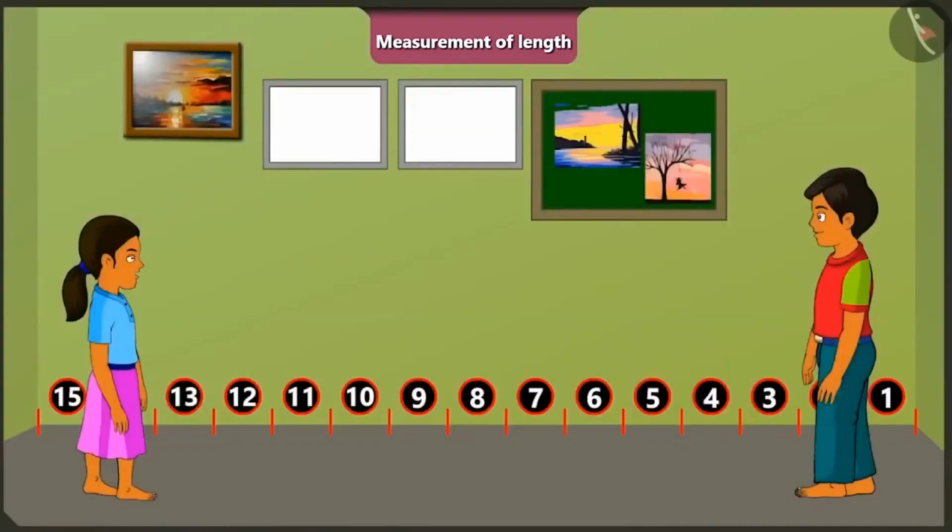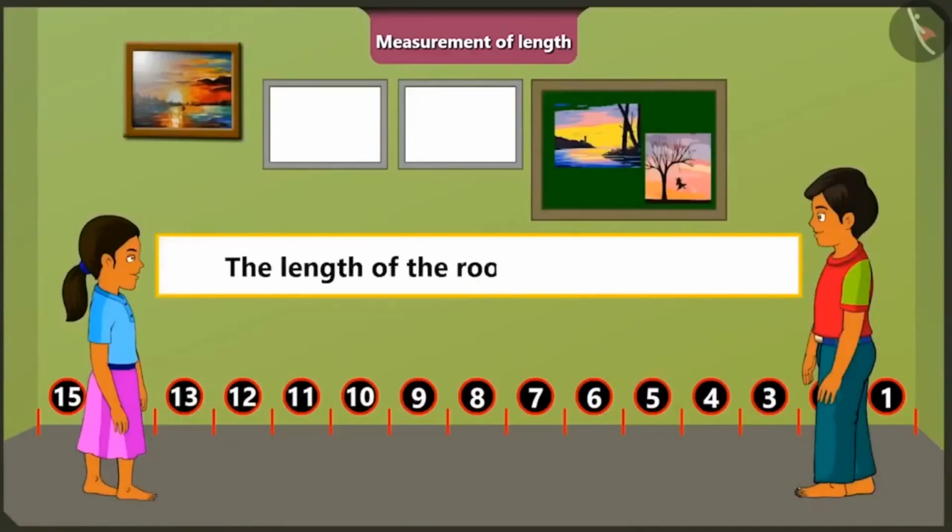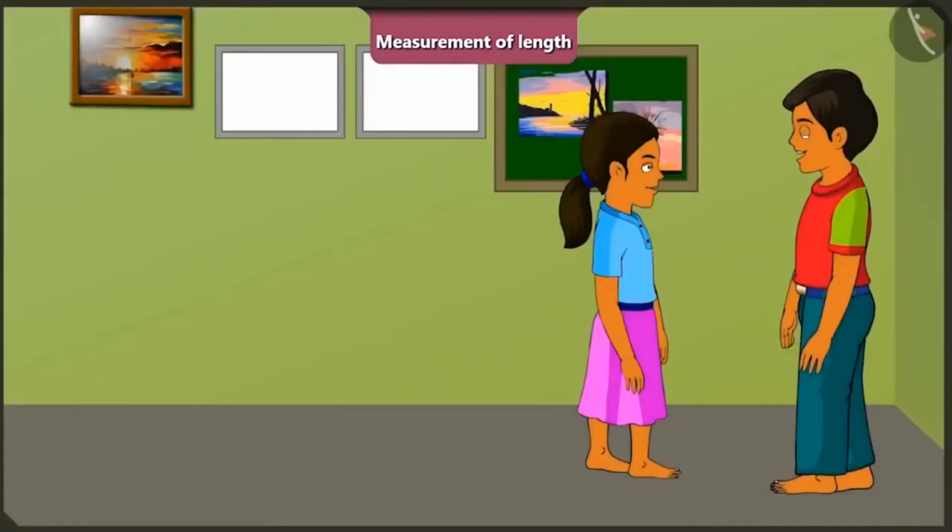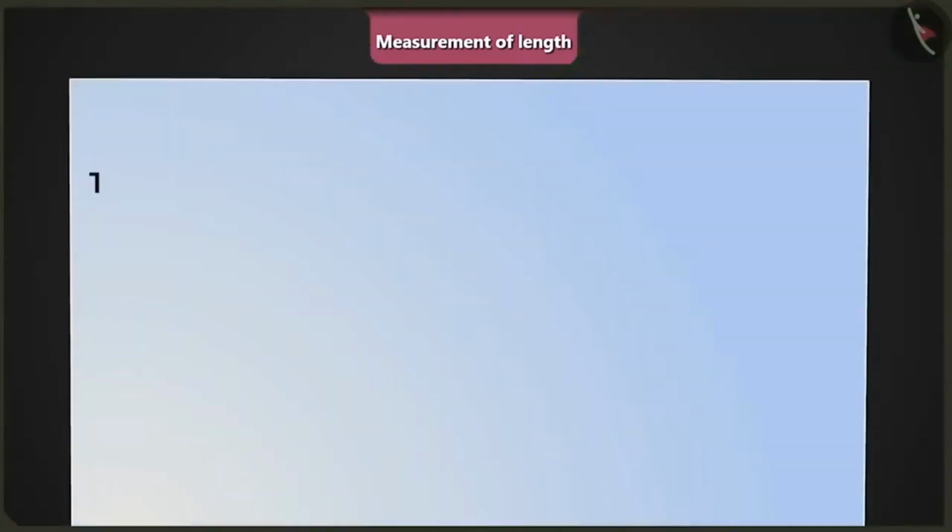So the length of this room is equal to 15-foot spans. Absolutely correct. Now write the length of this room down in your notebook. So the length of my room is 15-foot spans.